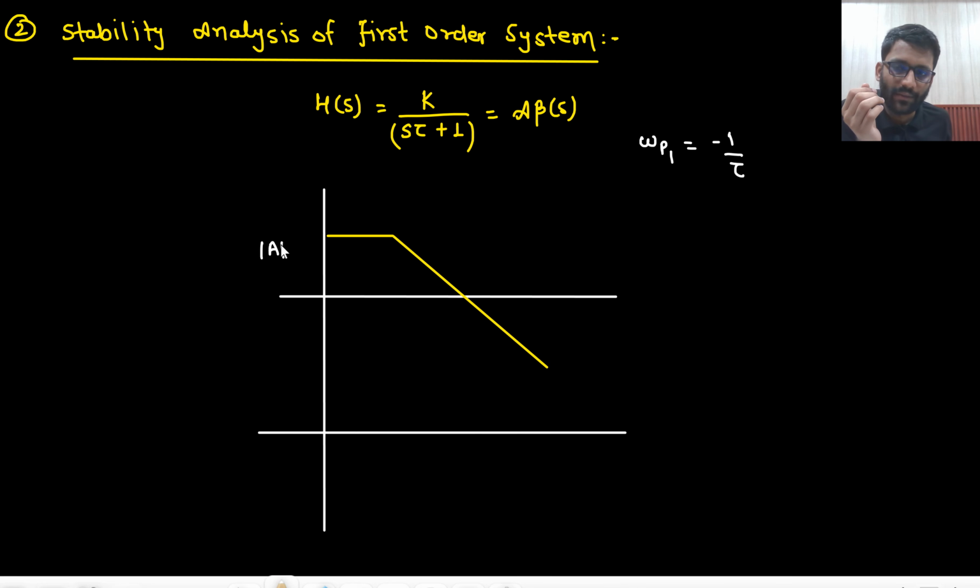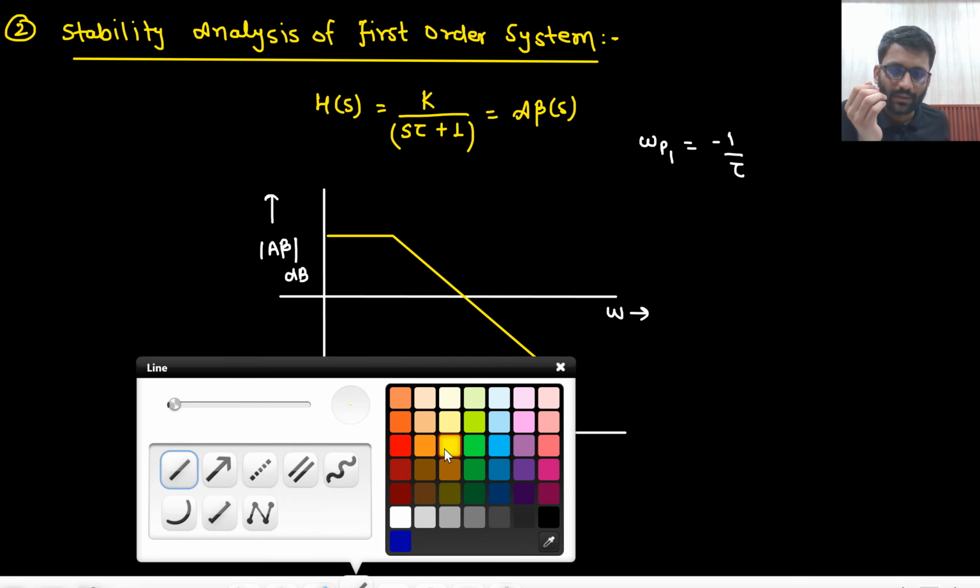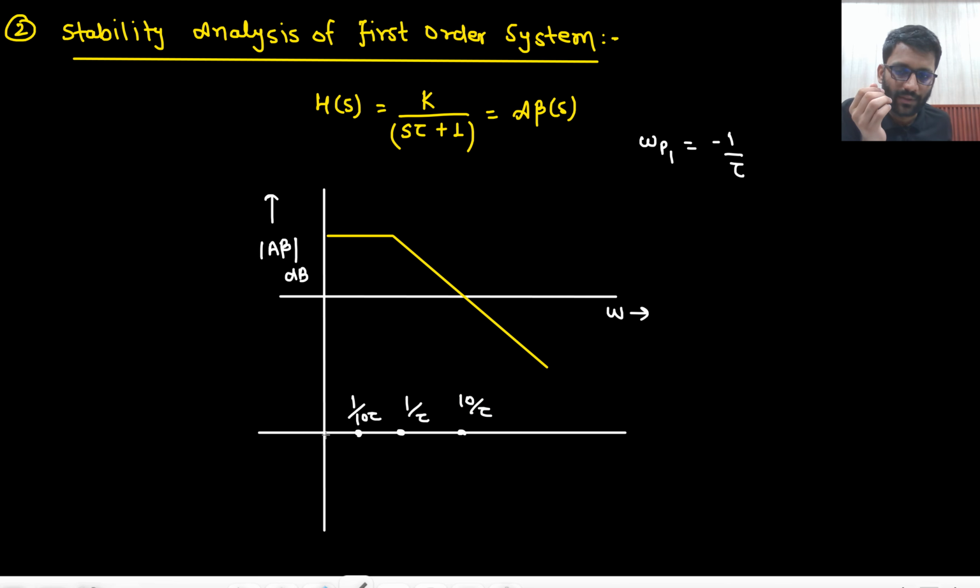This is your gain in dB, and this is your frequency. And then can you draw the phase plot? Yes, I can draw the phase plot as well. This is how I will be drawing the phase plot, right? So what will be the maximum phase shift you will get in a first order system?